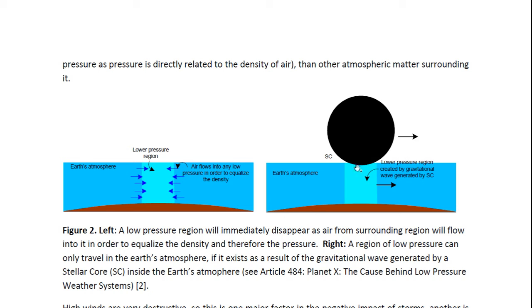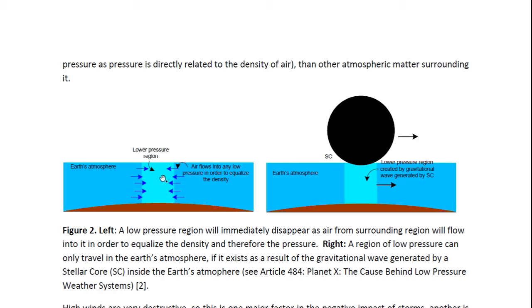This atmospheric material here is attracted towards the stellar core, and it develops a low pressure, whilst the material here does not. But if there was no stellar core causing this low pressure region as a result of its gravitational field or gravitational interaction with the Earth, if there was nothing causing this low pressure, then what would happen?